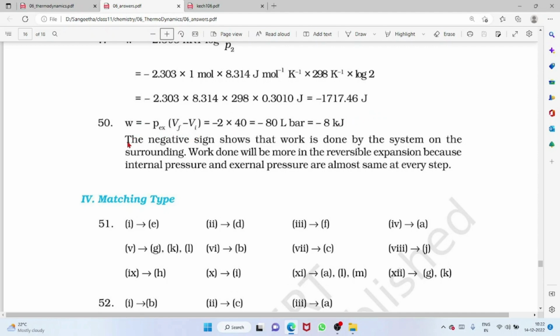The negative sign shows that work is done by the system on the surroundings. The work done will be more in the reversible expansion because the internal pressure and external pressure are almost the same at every step.